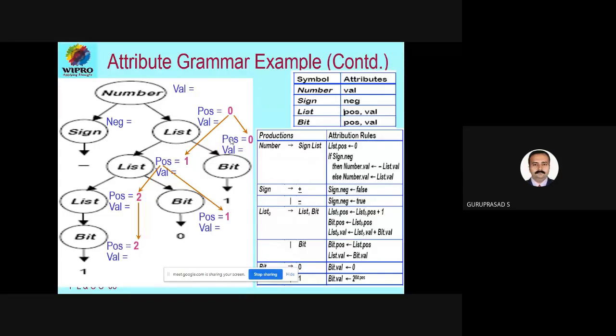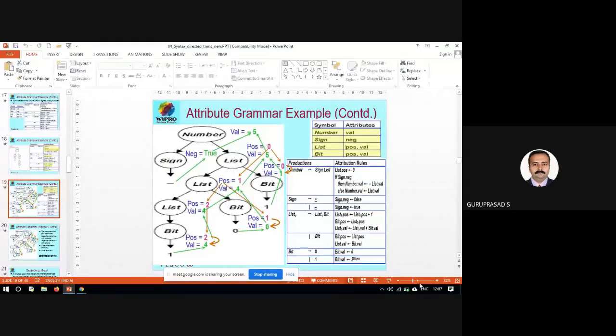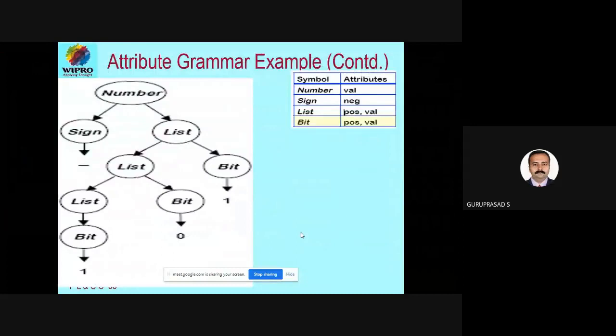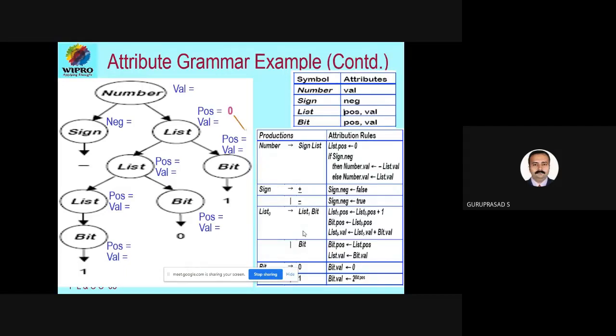Now we need to compute the value, right? We shall do that. The attribute val needs to be computed now. Now we got positions.